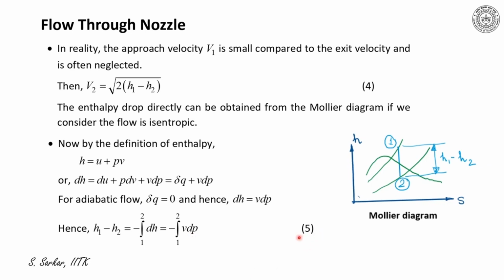Thus, from equation number 5, one can evaluate the drop of enthalpy, and the value of H1 minus H2 can be put in equation 4 to get V2.